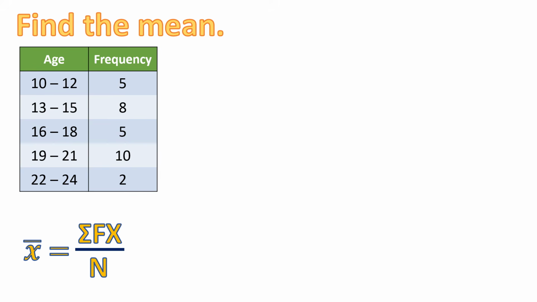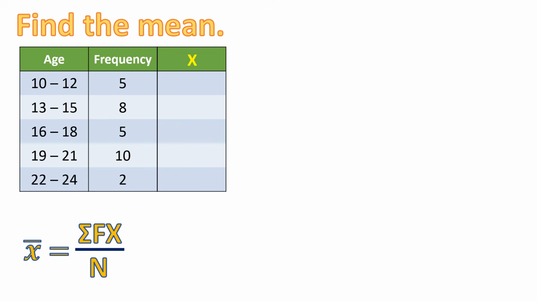So based on the formula, we need to add a column for x. So what is that x column? So x is actually the class mark. Sometimes we put cm as class mark, or x. But for me, I'm used to use x instead of cm since it's only one letter. And class mark, or the x, is actually the middle number of the interval from 10 to 12.